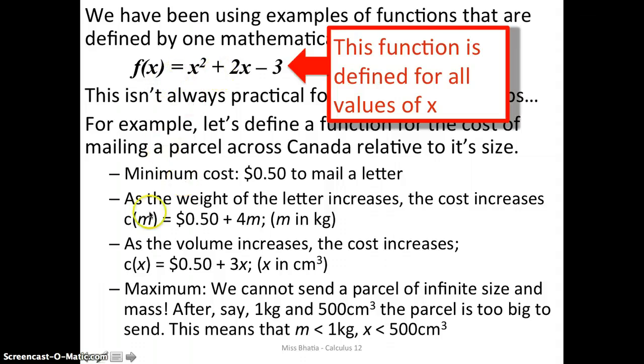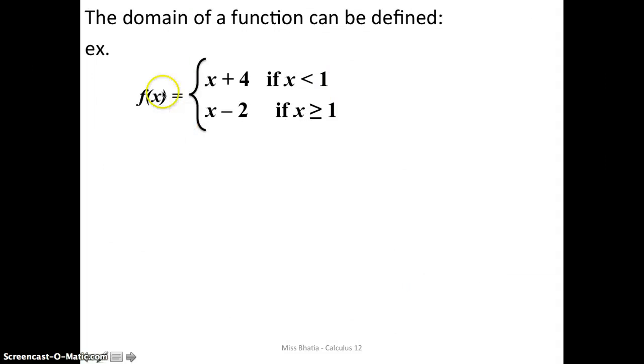But if we wanted to use our mail example, that wouldn't be very practical because not only can we not send parcels of infinite size, we can't send parcels of negative size either. So we have to define the variables. So that's where you say that the domain of the function is restricted.